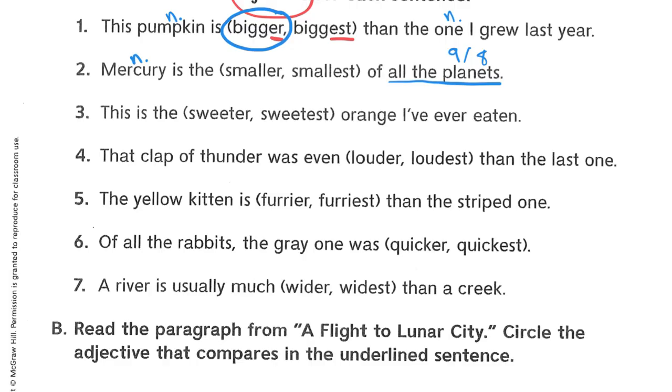So what am I going to do? I either have to do ER or EST. And according to this sheet, ER is for 2, and EST is for more than 2. So I'm going to say 3 plus. So we're going to have to say smallest. Mercury is the smallest of all the planets.